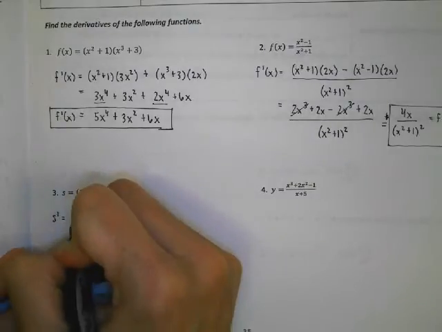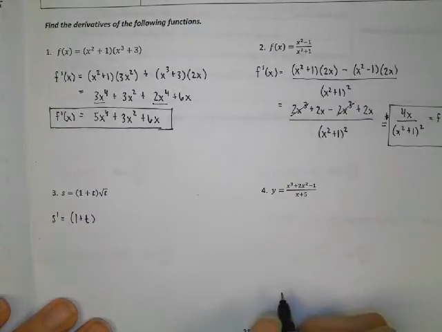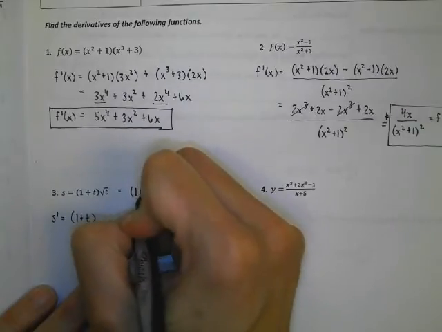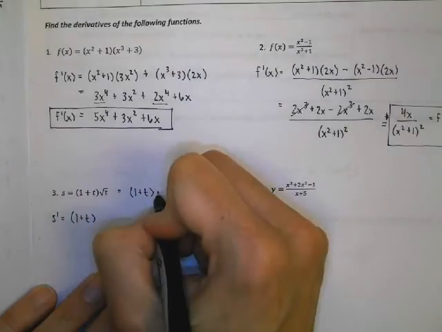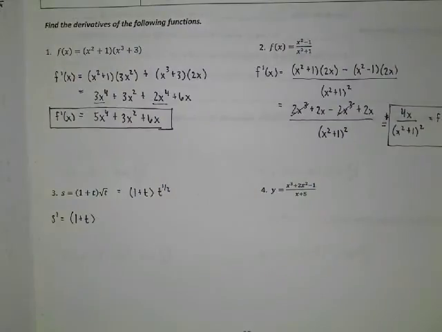So again, I take my original function, which is 1 plus t. And actually jumping back here, it may help to think of this as 1 plus t times t to the 1/2. So we see that's just an application of our power rule.